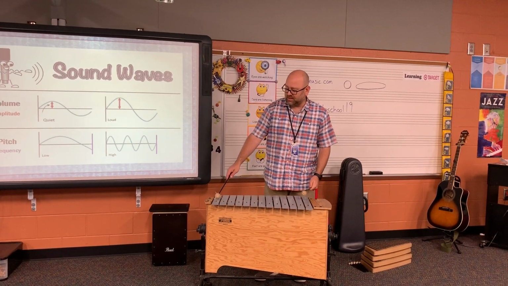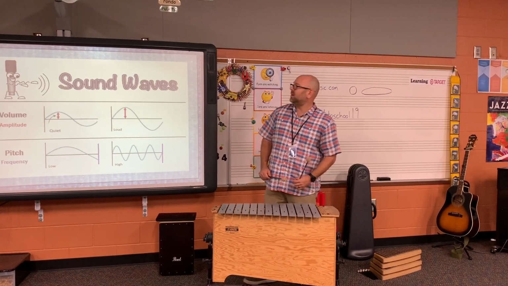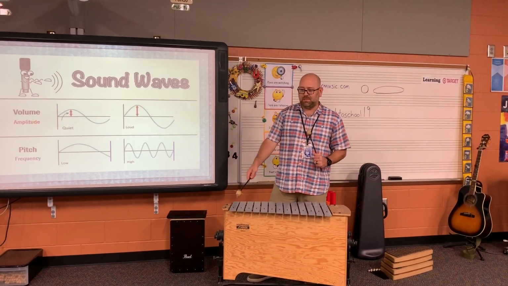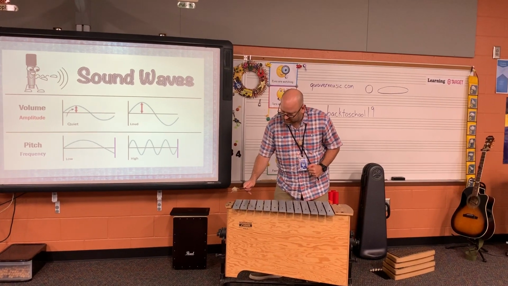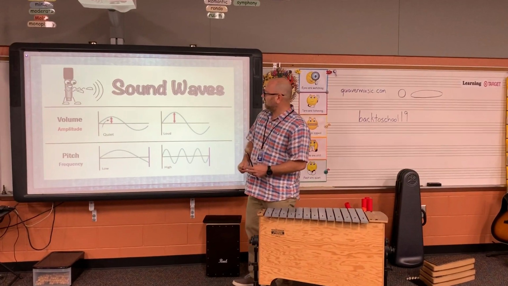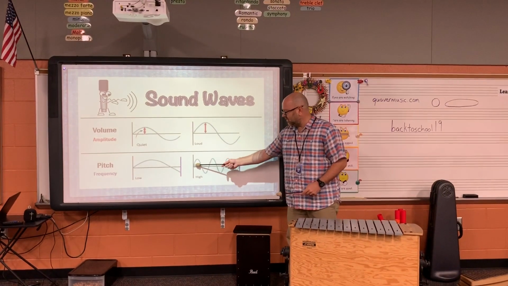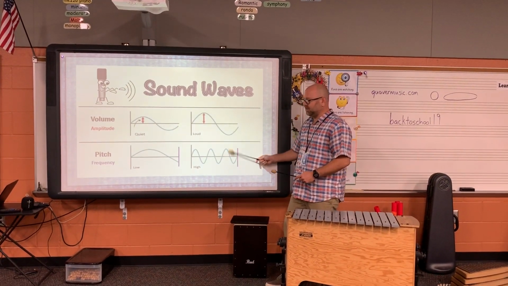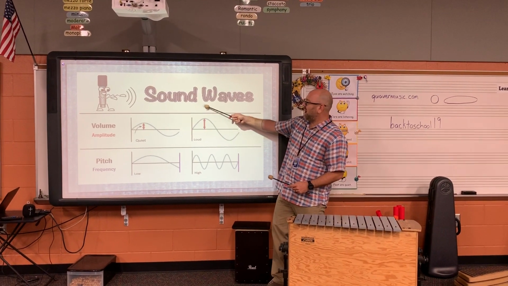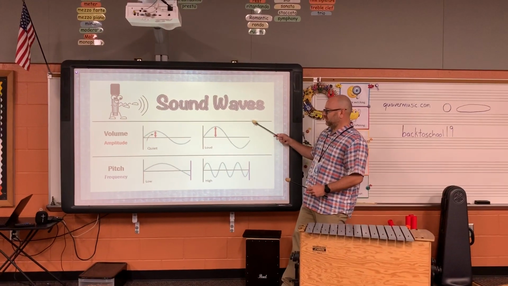Now, when I play this high pitch, I'm going to play it loudly and a high pitch. So if I play that, and if I were to be graphing that, I would get something that looks like this, because it's high pitch and it would be a lot of waves.